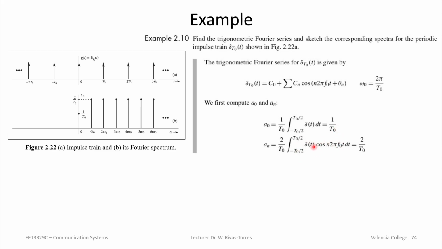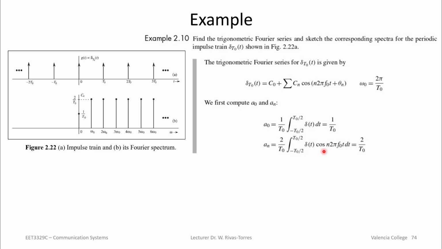Same thing in here. Remember the sampling property? You only have to evaluate this wherever the impulse function is valid, and this impulse function is only valid at 0. So cosine at t equals 0 makes the whole argument of the cosine 0, and cosine of 0 is 1. So the whole integral, you have 1 times the impulse, and you end up with the impulse.